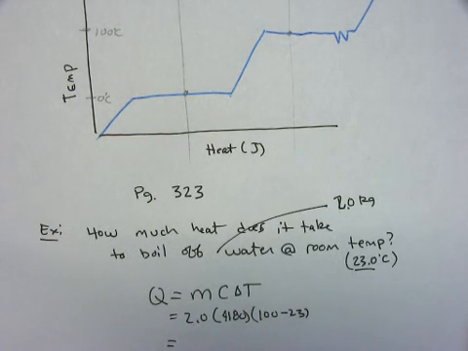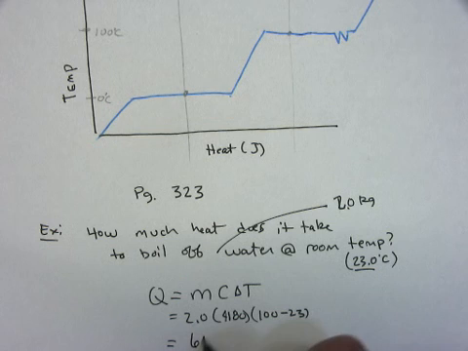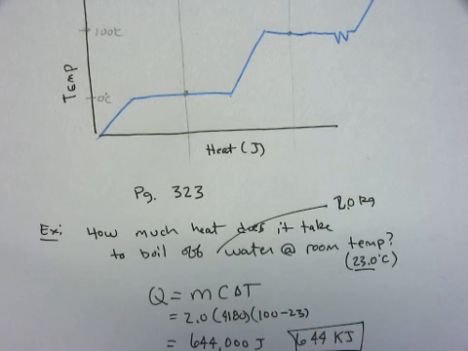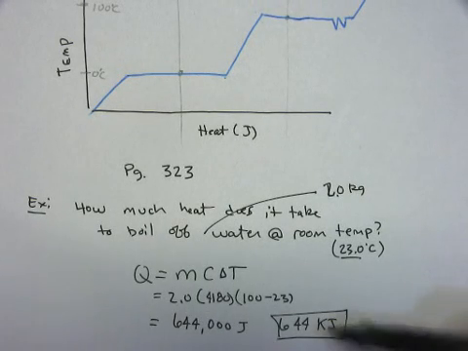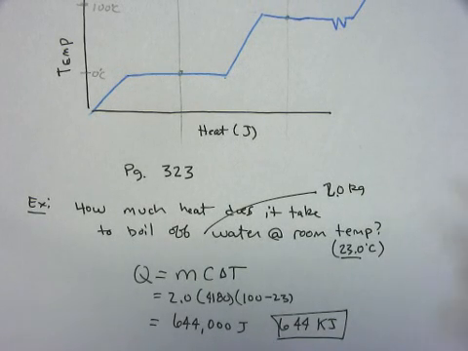So if you run that through on your calculator, you end up with 644,000 joules, or 644 kilojoules. A lot of people think, hey, that's how much energy it takes to boil off water.